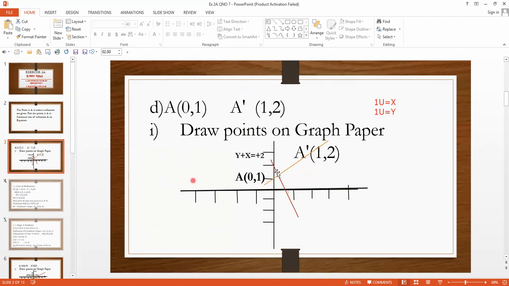The second step is that we have to find the line of reflection. Line of reflection shows the midpoint. Always remember, when I have to draw this line, look here, I will draw it for you.